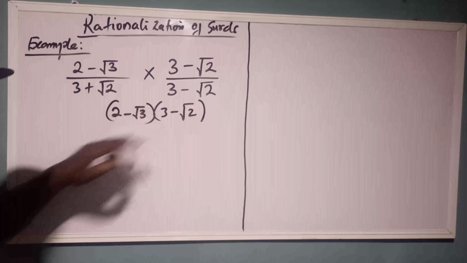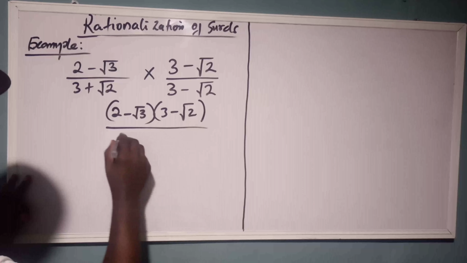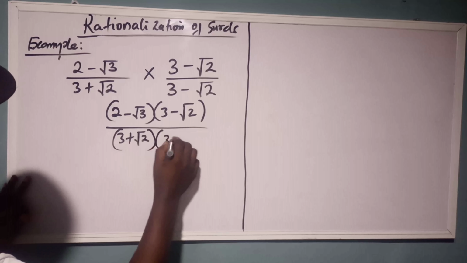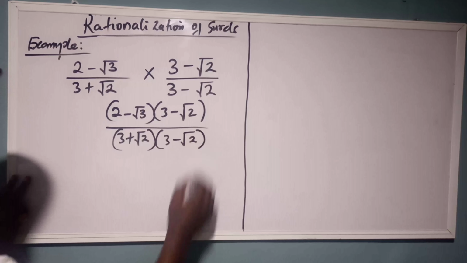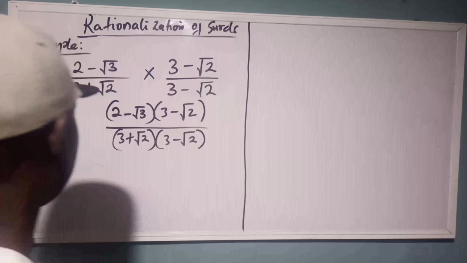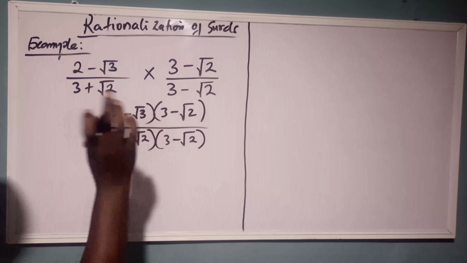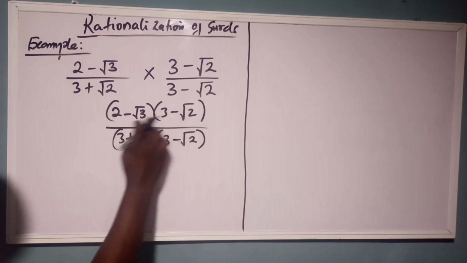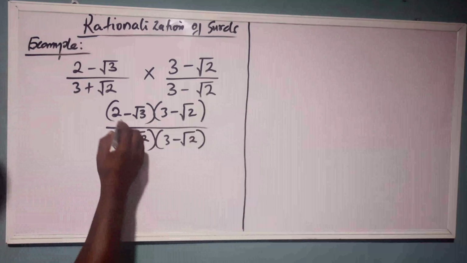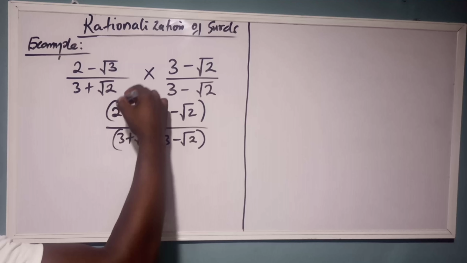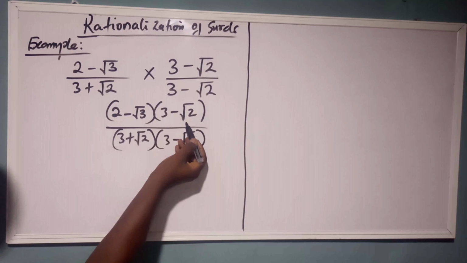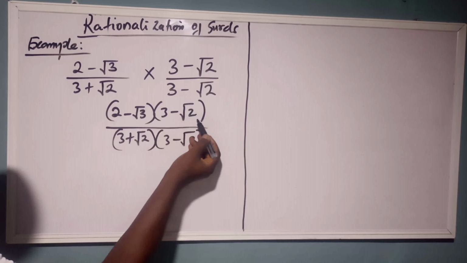And then the denominator, I can also have it this way, 3 plus root 2, and then 3 minus root 2, so that I will know that I'm multiplying to expand the bracket.